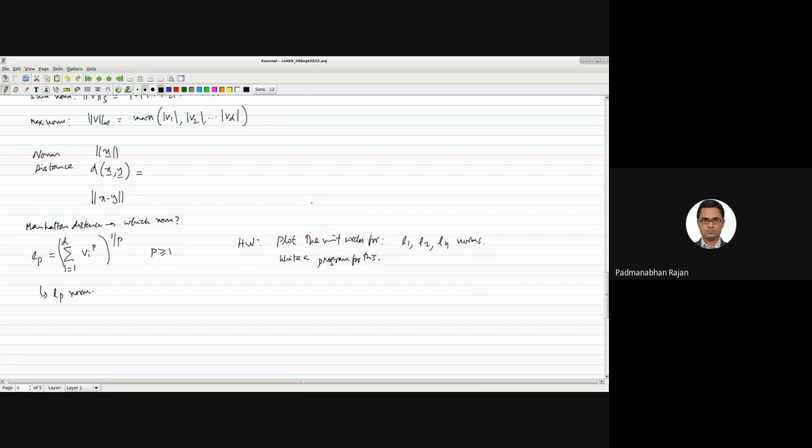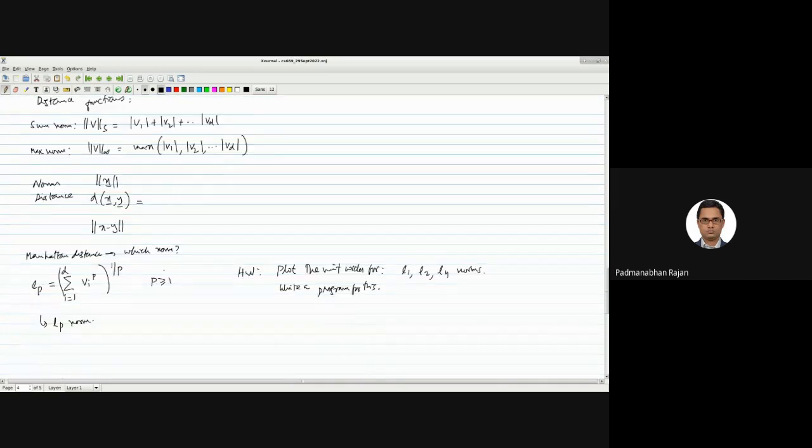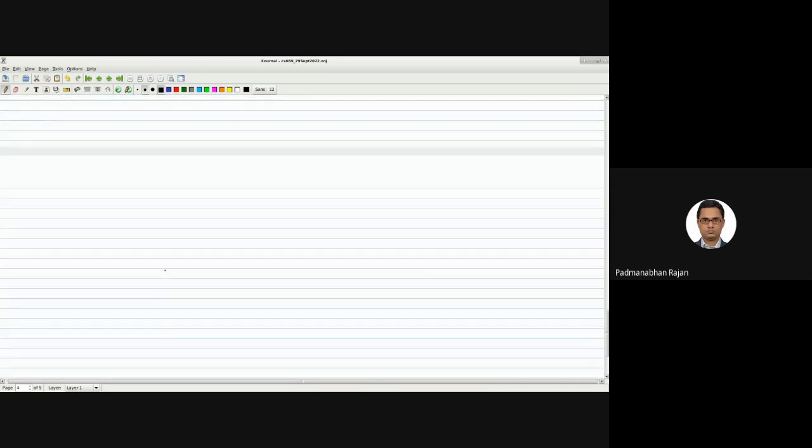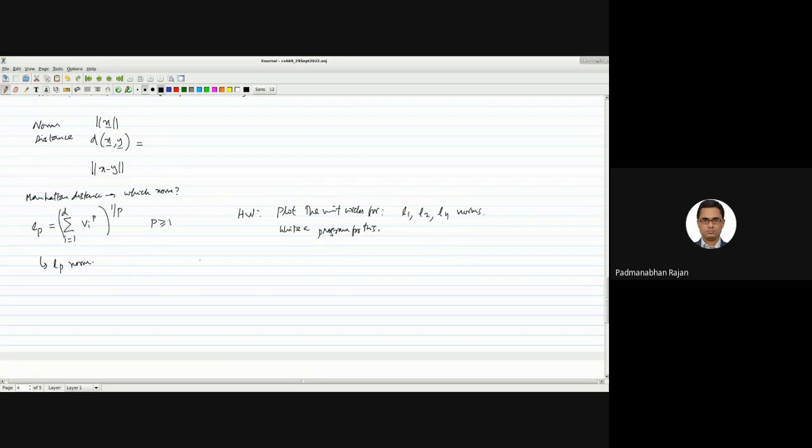So how is all this relevant to us in pattern recognition? Because we want to measure distance between feature vectors. Based on what distance we use, we will get a different result. These norms are generally equivalent, up to some scale factor, so there is no big difference between them.